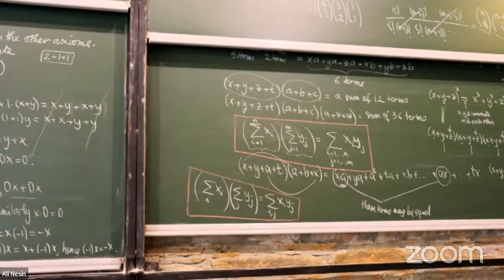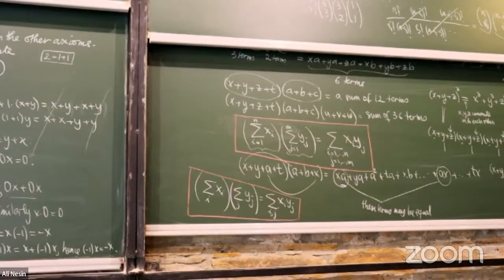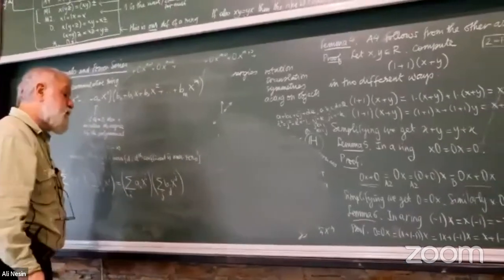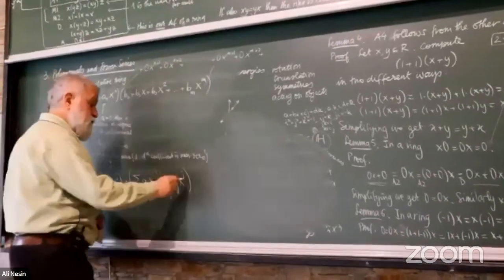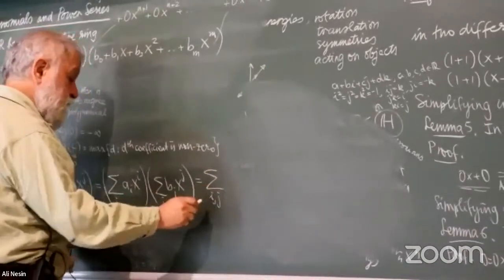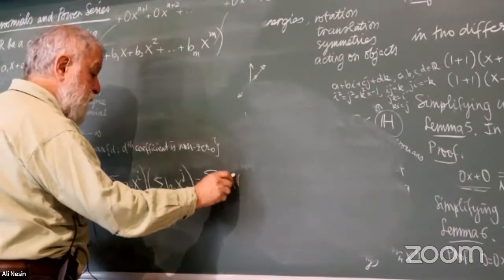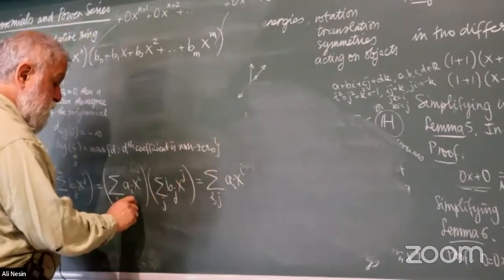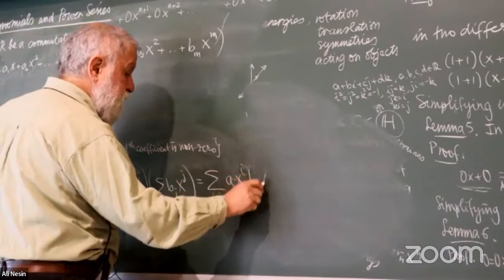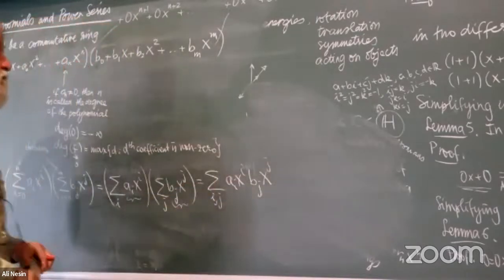Here, how do I multiply this? I take one term from here, one term from here. I multiply them, and then I add them. This will be the sum for all i and j of a_i x to the i, I took this term here, times b_j x to the j, this term here.